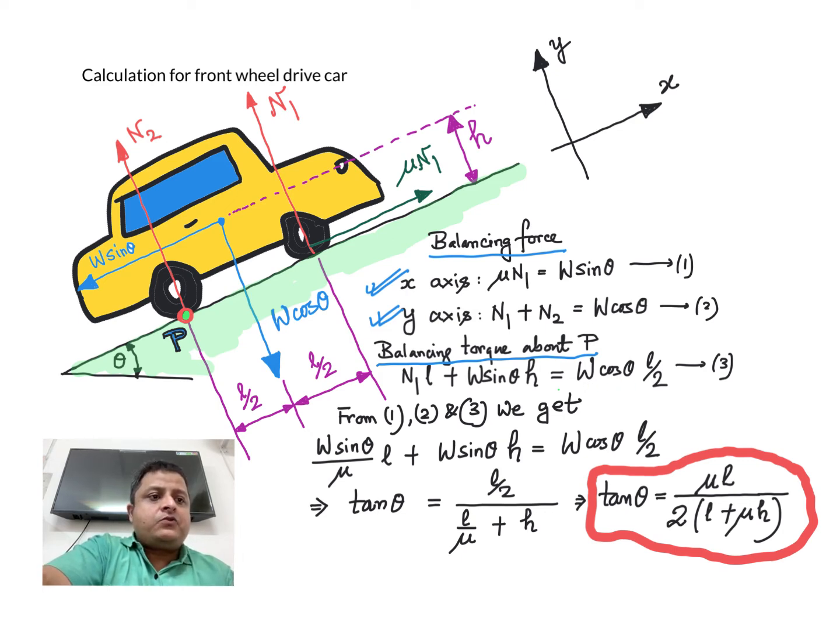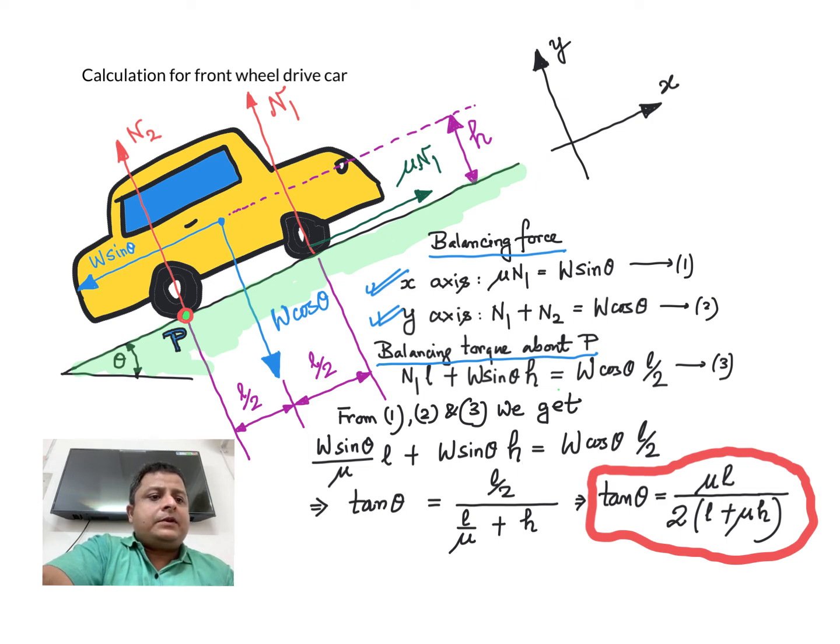From equations 1, 2 and 3, we have to get rid of N1 and N2, so we substitute the values of N1 and N2 from equations 1 and 2 into equation 3. In equation 3 we substitute N2 from equation 1, giving W sin theta by mu times L plus this.